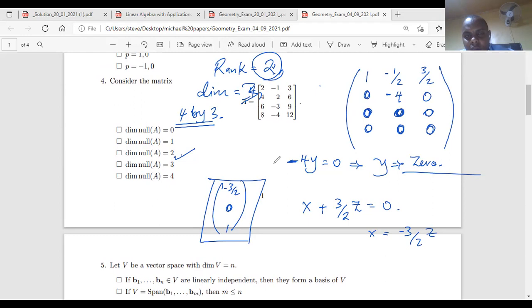But is it not, because the dimension of nullity is the number of rows minus the rank? I started by saying 2 because when I saw 2 zero rows, I thought the dimension of the nullity is going to be 2.